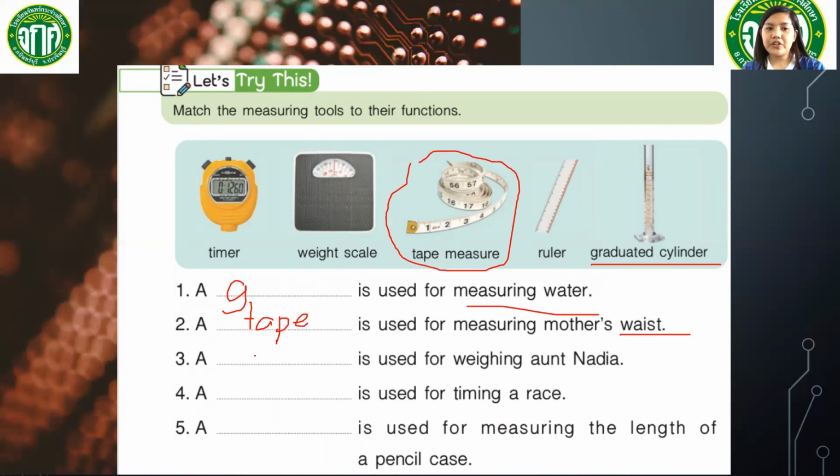Number 3. A blank is used for weighing Aunt Nadia. What can we use to find out our weight? Very good. We need to use the weight scale. So the answer for number 3 is weight scale.